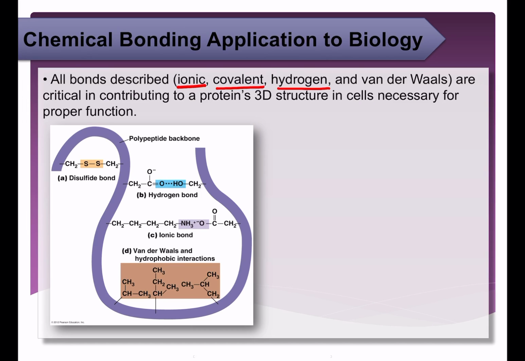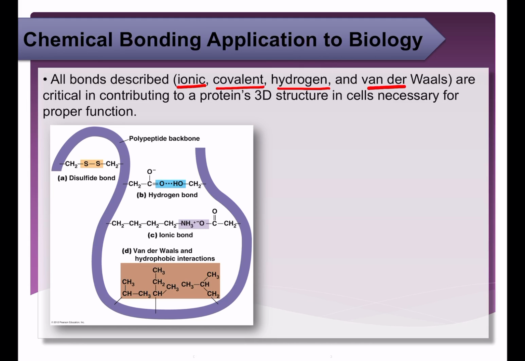And then you have hydrogen bonds, which are formed by that slight negative and slight positive charge between a hydrogen and another atom. It doesn't have to be oxygen within water molecules, as we have seen in the DNA molecules, as it can be a hydrogen and a nitrogen or other types of atoms.